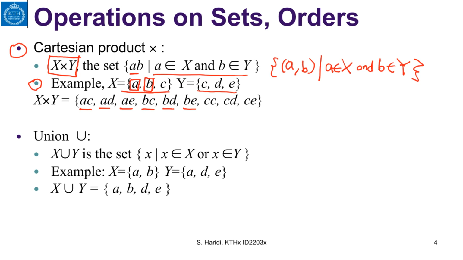And we take C and we combine it with all elements of Y. We get these elements. Each one of these is a pair, and in pairs, order is important. So, for example, in this pair, A is the first element of the pair, and C is the second element of the pair. If we have n sets, for example, X1 to Xn, we can use this notation, the product of Xi, to denote the Cartesian product of all these sets.